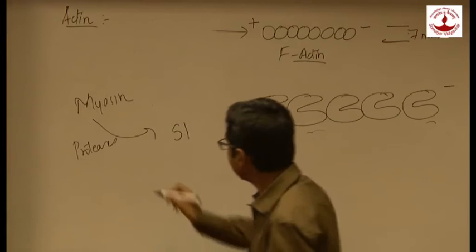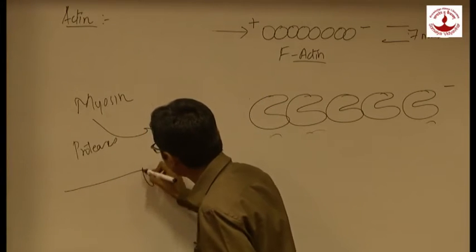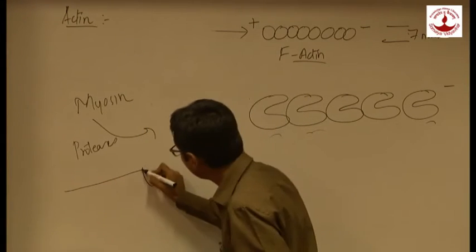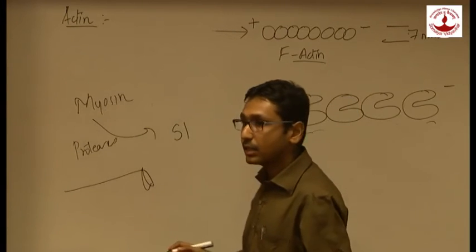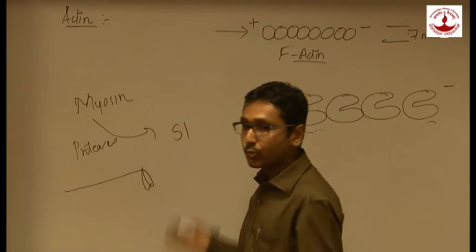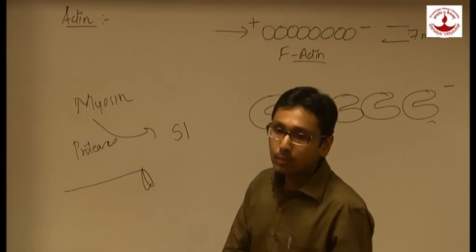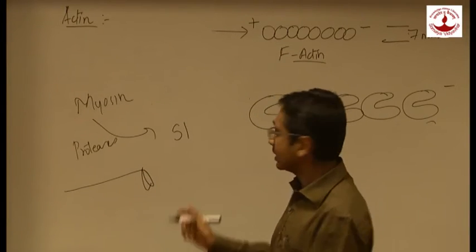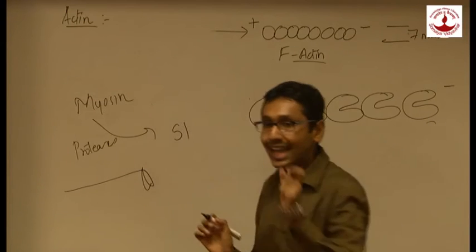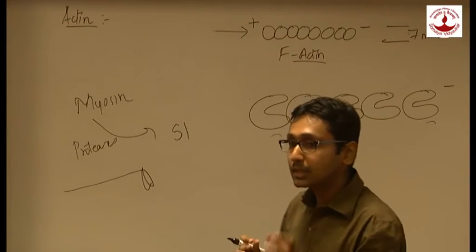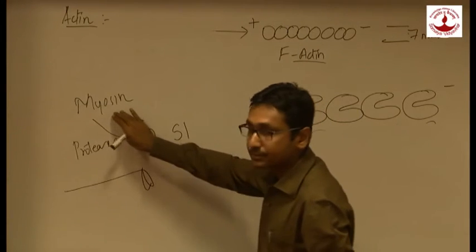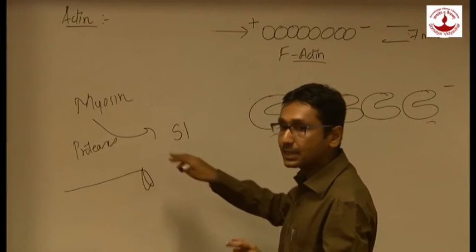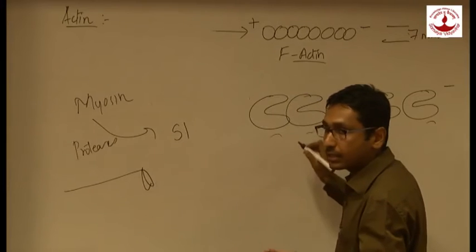Suppose this is the myosin, there are two heads in fact. If you cleave myosin using a protease, you get an S1. There are the heavy meromyosin and light meromyosin, but we want the S1 myosin, which is nothing but the actin binding unit of the myosin. This S1 will bind specifically to the actin filament.